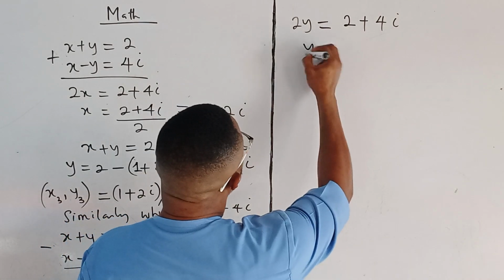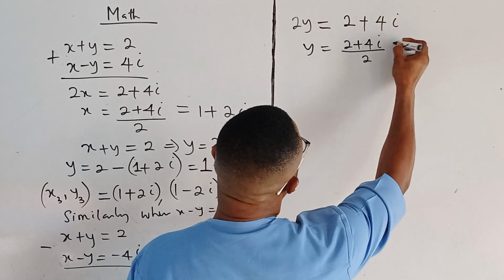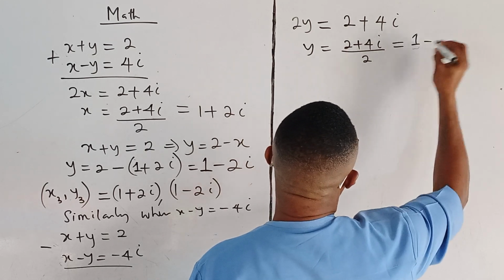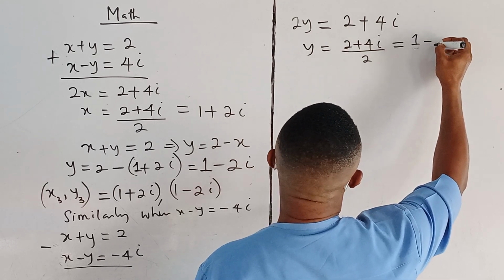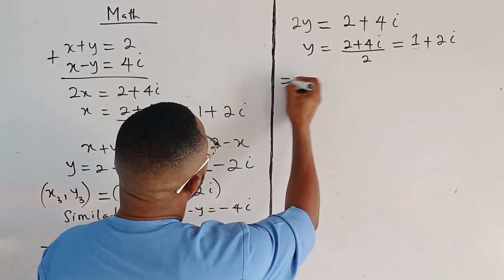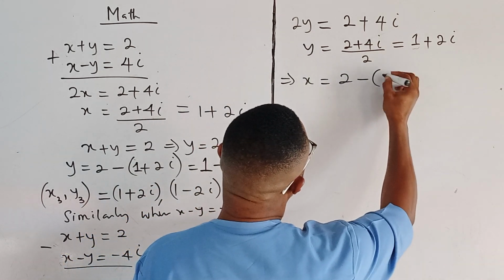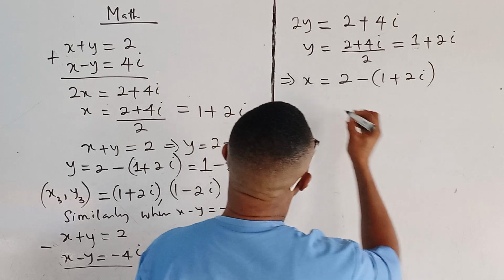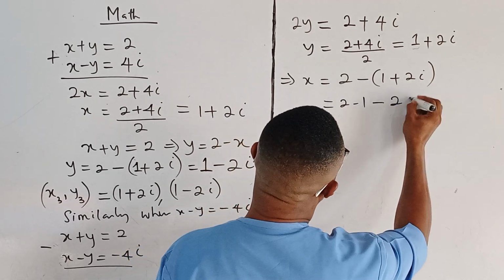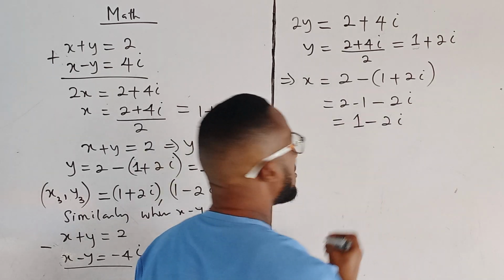Then y will be (2 plus 4i) divided by 2, which is equal to 1 plus 2 iota. So s is going to be 2 minus (1 plus 2 iota), which is 2 minus 1 minus 2 iota, which is 1 minus 2 iota.